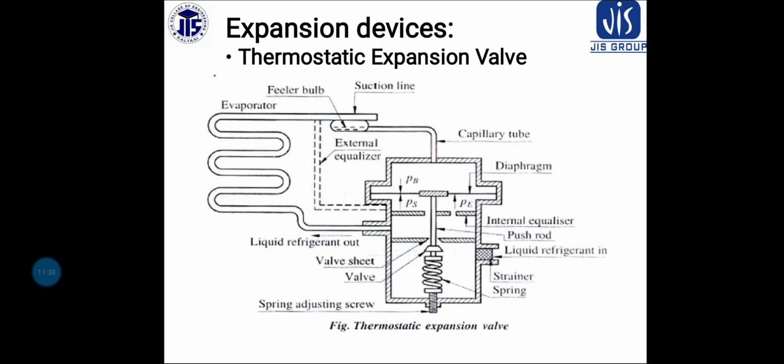The performance characteristics of the thermostatic expansion valve are most suitable for application in air conditioning and refrigeration plants. When the cooling load increases, the refrigerant evaporates at a faster rate in the evaporator than the compressor can suck.